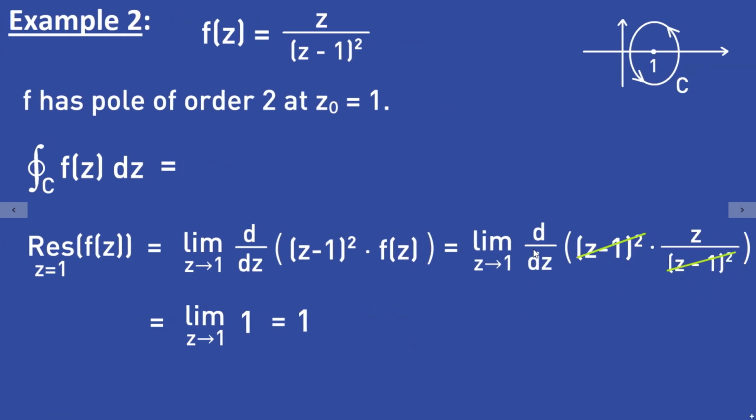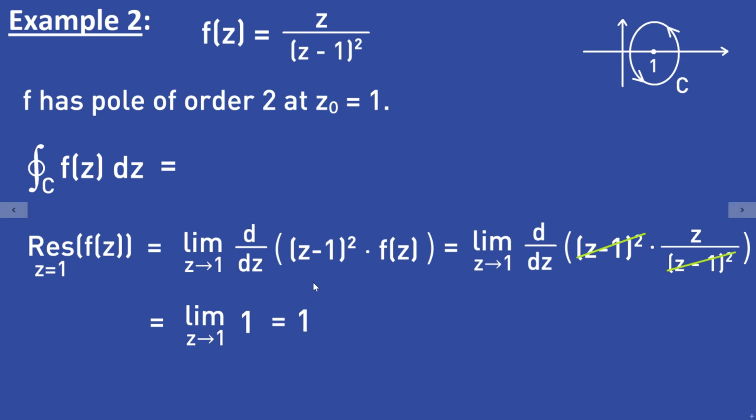So this is equal to the limit z to 1 of 1, because the derivative of z is equal to 1. And this limit here is equal to 1. So the residue of f at the pole of order 2, z is equal to 1, is equal to 1.